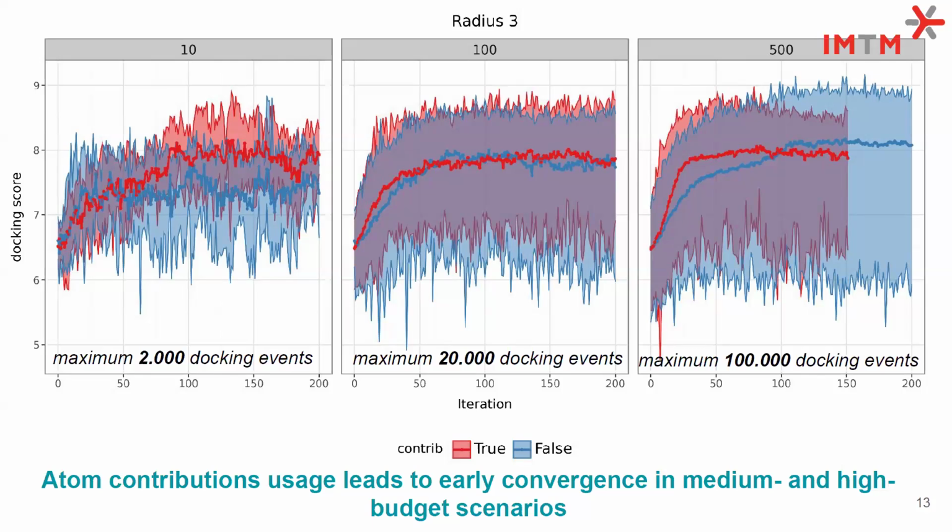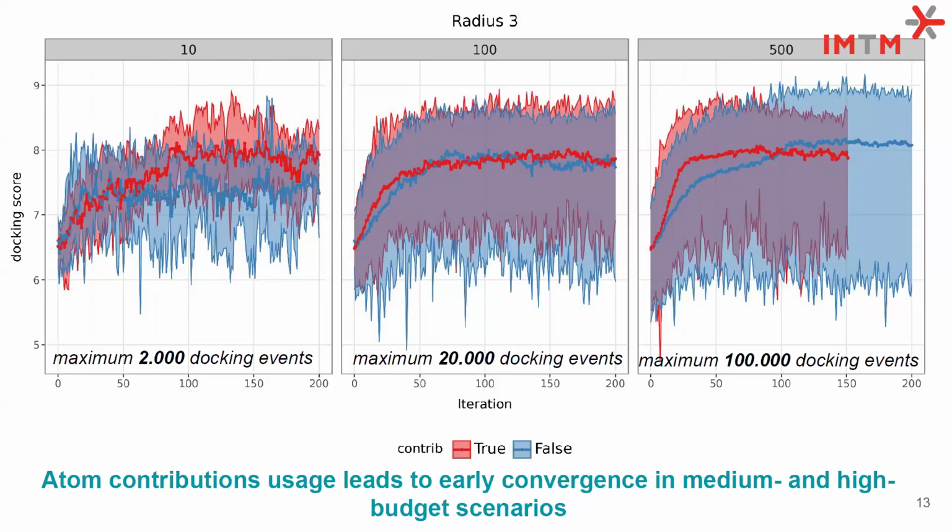It converged early and went to a plateau, and then it stopped prematurely because it had explored the local space already. But the genetic algorithm without the contribution continued and found even better hits, because the genetic algorithm works much better with a larger population, with many more molecules.